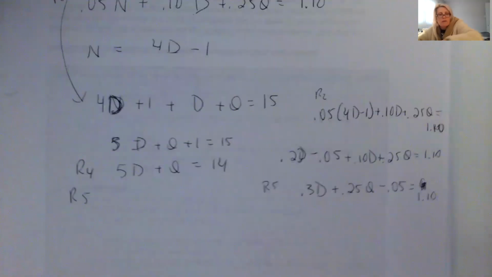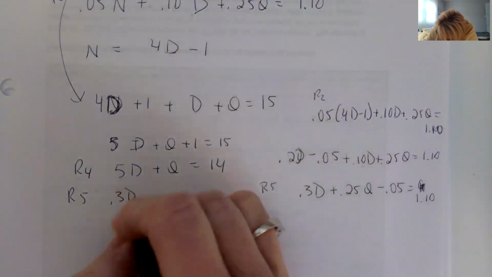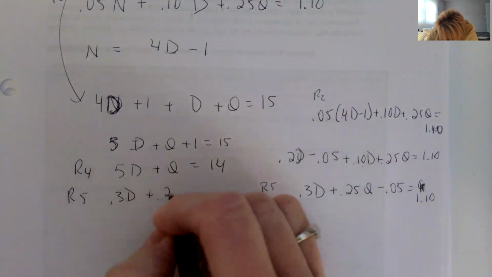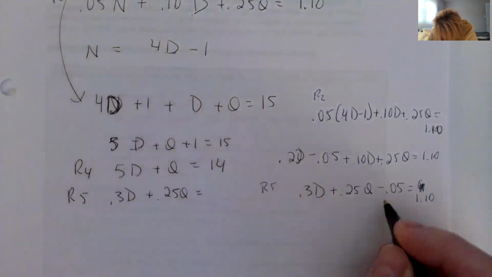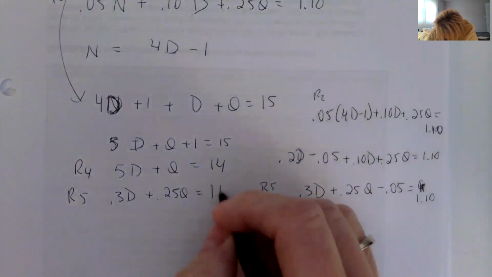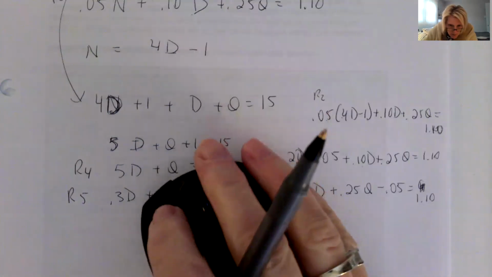I'm going to put this in the Desmos. We get 0.3D's plus 0.25Q's equals, by adding 0.05 to both sides, $1.15. So we can put row 4 and row 5 into Desmos here.